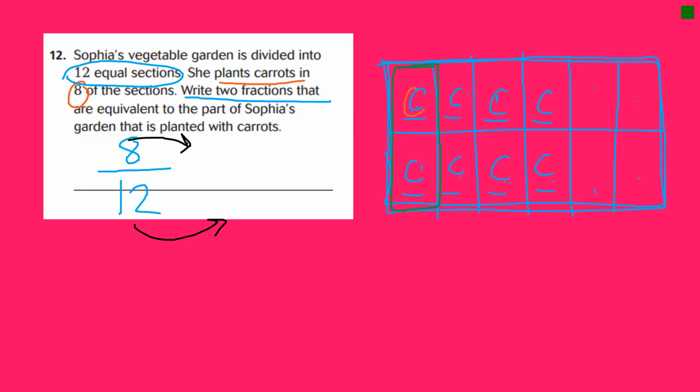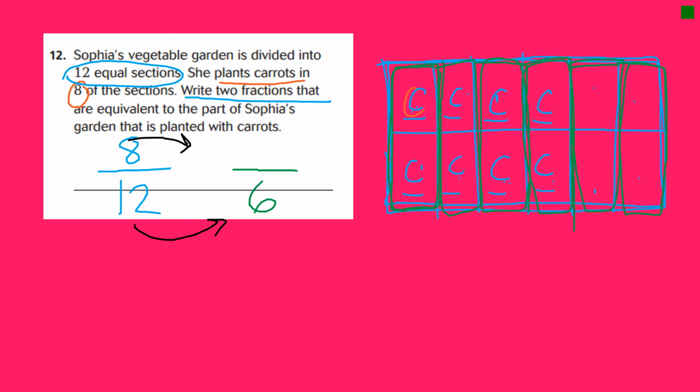So the green are new sections. 1, 2, 3, 4, 5, 6. So now I have 6 equal parts instead of 12 equal parts. Okay, I made the sections bigger. So I'm going to put right off the bat a 6 for my new denominator because I just changed the garden from 12 equal sections to 6 equal sections.